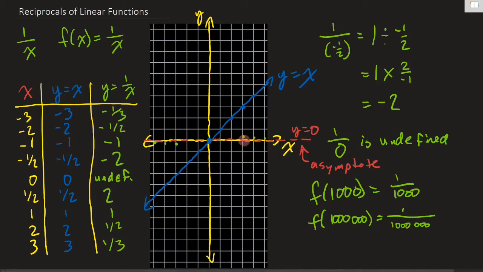And now let's work towards our middle. So on this side here, the reciprocal of 2 is a half. The reciprocal of 1, well, 1 over 1 is just 1. And we saw the reciprocal of a half is 2. So now what I want you to do is imagine this point here that is 1/10.